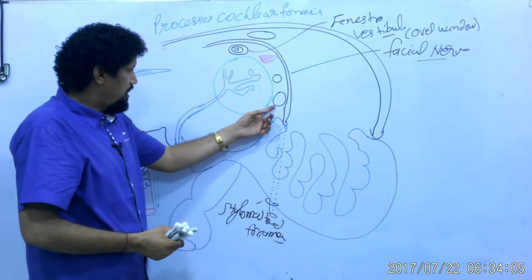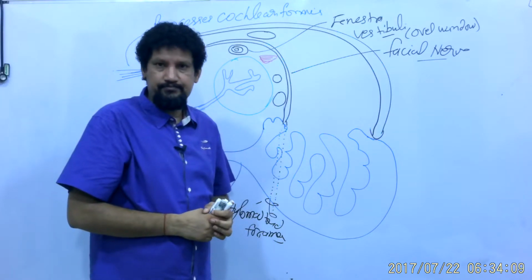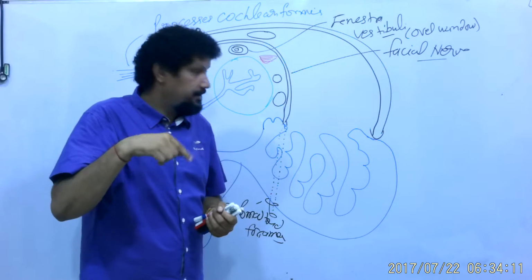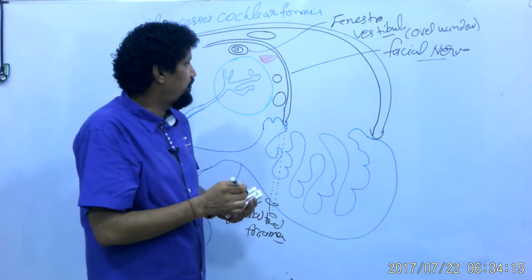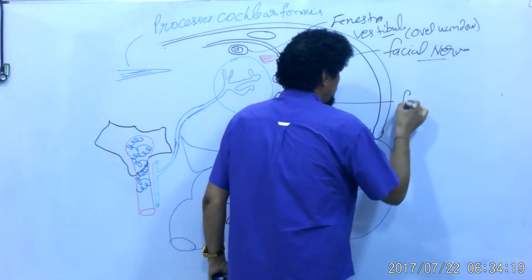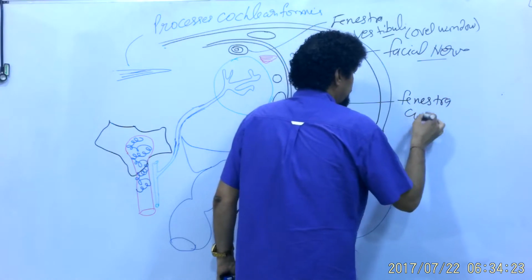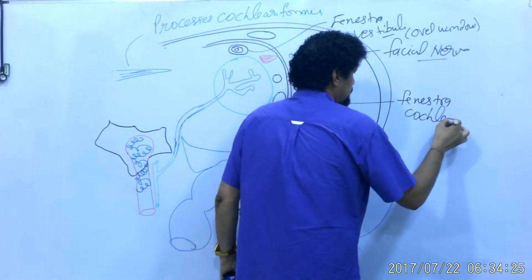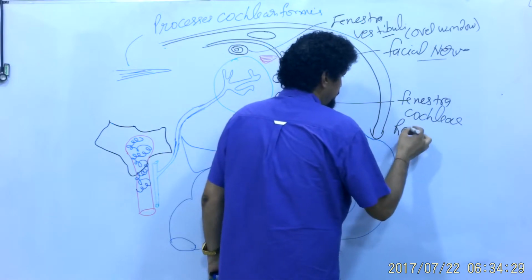The lowermost part or posterior inferior part of the promontory is having a round opening. So, this is known as fenestra cochleae, or also known as the round window.